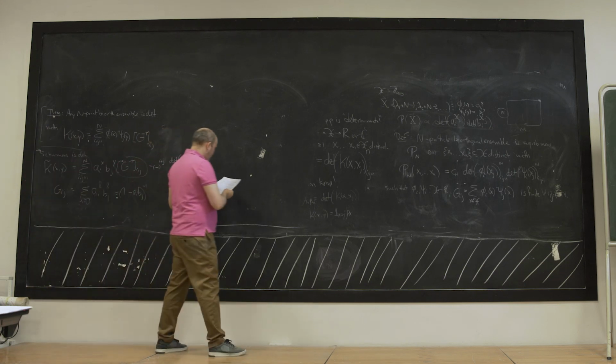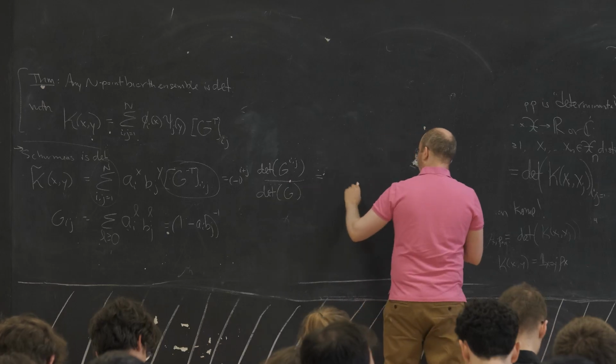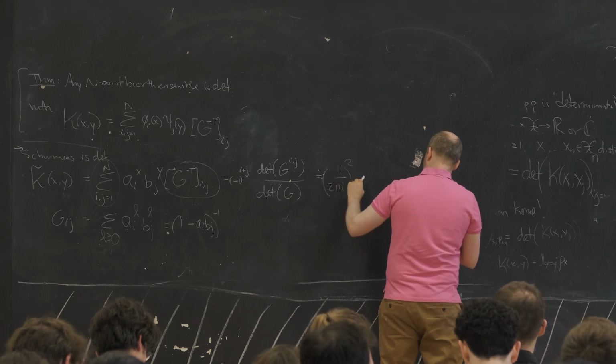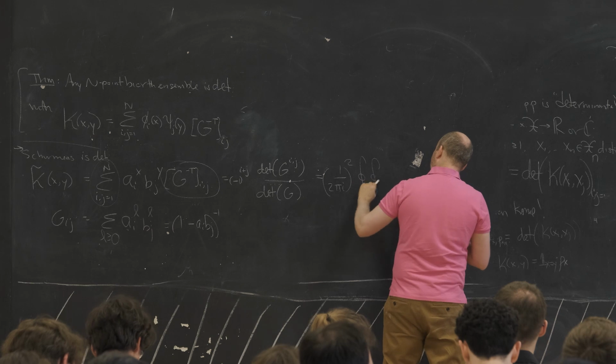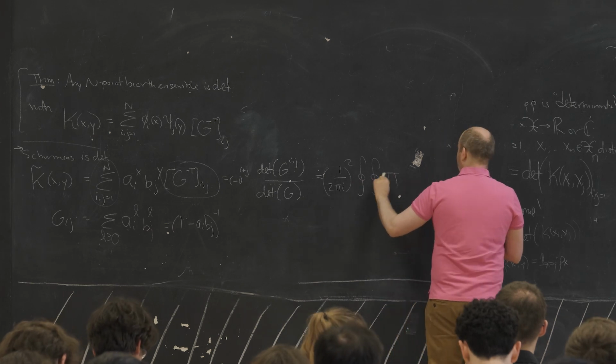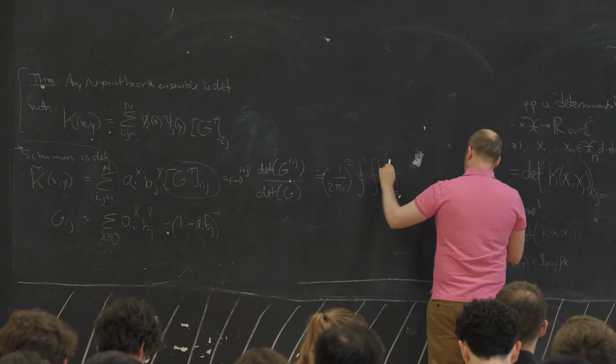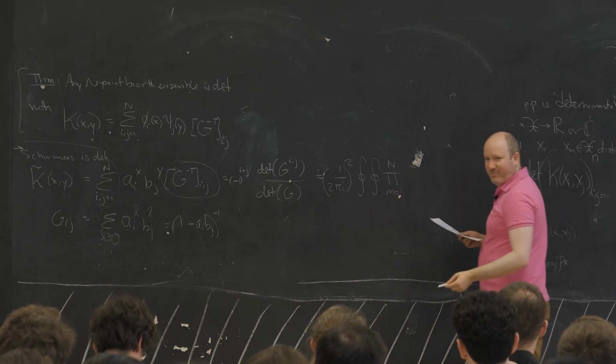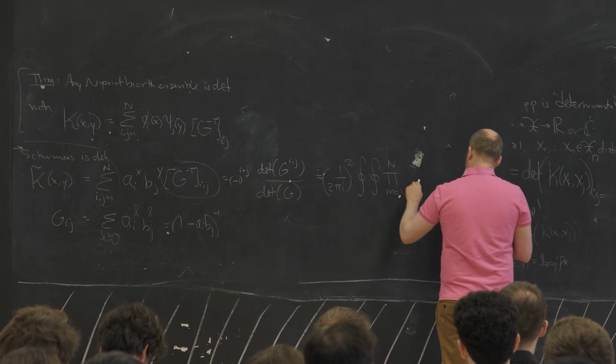You can rewrite this kernel as 1 over (2 pi i) squared, and then a double complex contour integral of... you might say, well, how is this any simpler than a sum from 1 to n? But I'll tell you why in a moment.